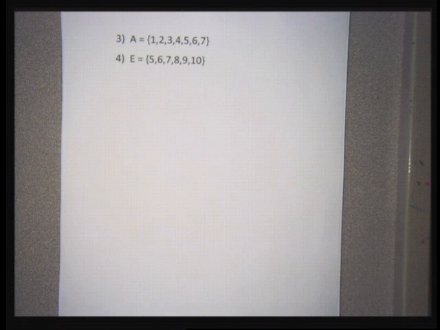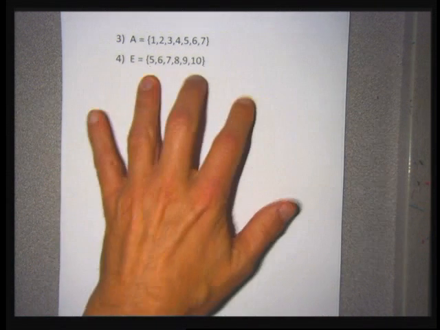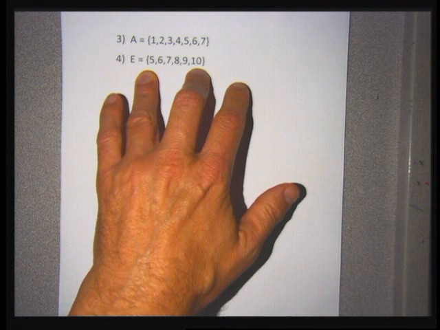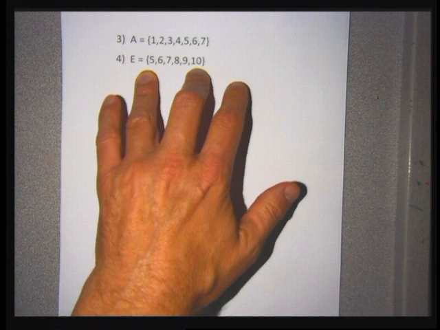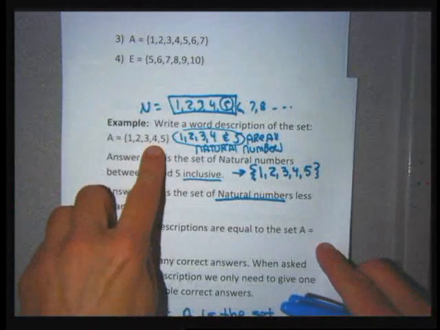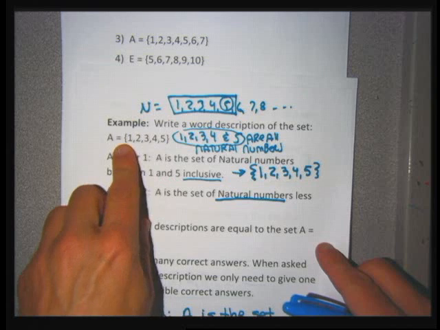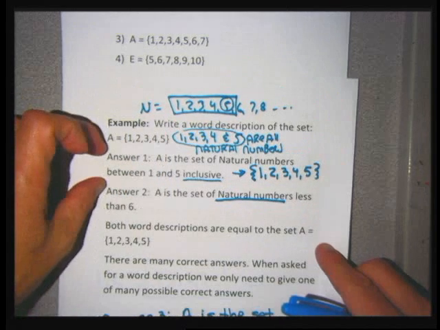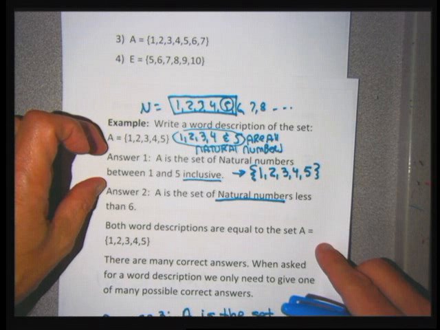For me, because I have a beginning and an ending number, when I go to do a word description, I like to use the inclusive kind of thing that I did when I did problem 1. When I did the first example, we had the numbers between 1 and 5, and I had a solid first number and a solid last number.